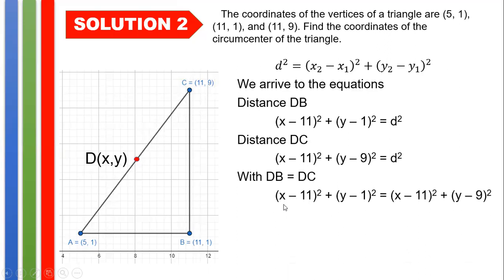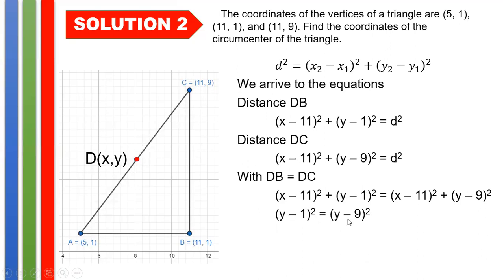That is, (x minus 11) squared plus (y minus 1) squared equals (x minus 11) squared plus (y minus 9) squared. We can see that (x minus 11) squared is a common term for both sides, so we subtract it from both, and that gives us (y minus 1) squared equals (y minus 9) squared.